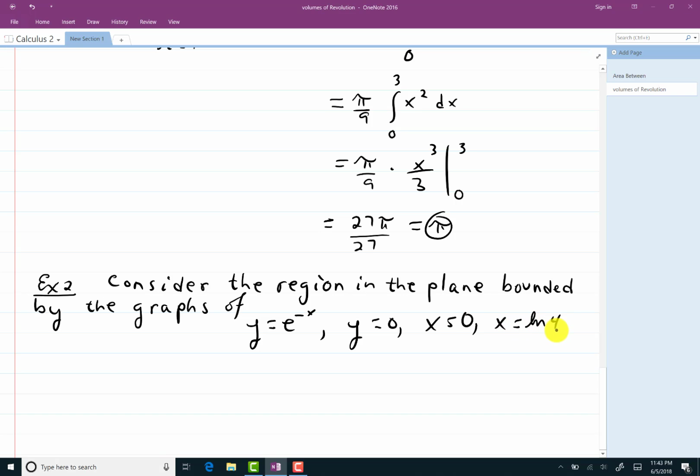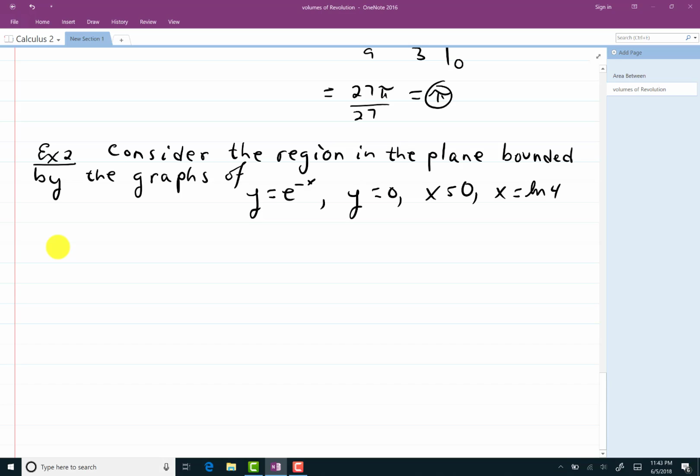So remember, bounded means I have to find a region of finite area that these graphs contain within. So once again, you can graph this on your calculator if you want, but I don't think any of these are really that difficult.